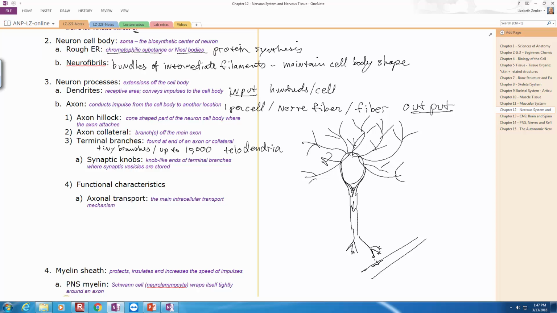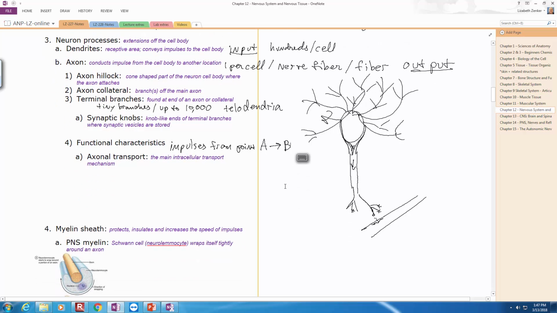So functional characteristics of the axons. They conduct impulses from point A to point B, okay? So axonal transport. This is the main intracellular transport mechanism. So you can think of it kind of like a railroad system, and this is actually bidirectional. So it can go in both directions, okay? This is kind of unique.